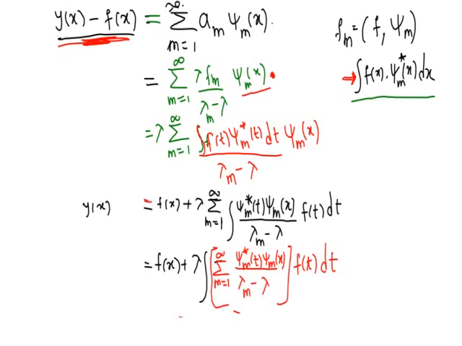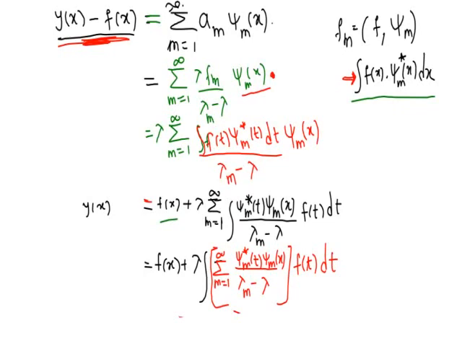Now we can write this expression in a nice form: y of x equals f of x plus lambda times summation m going from 1 to infinity integral xi m star t xi m of x divided by lambda m minus lambda into f of t dt.